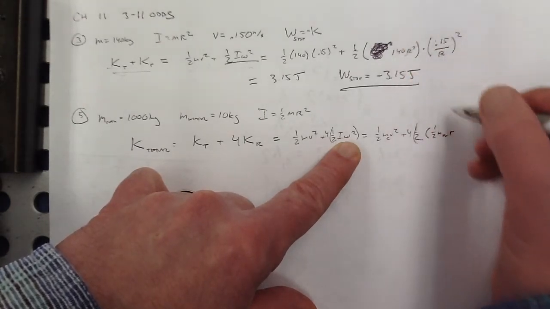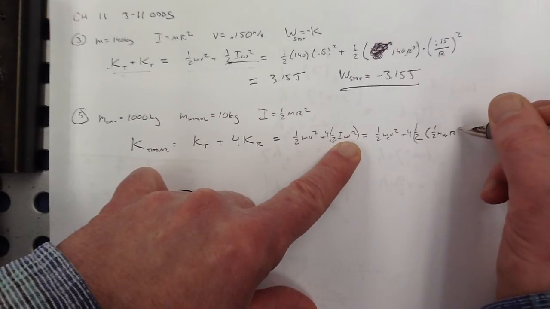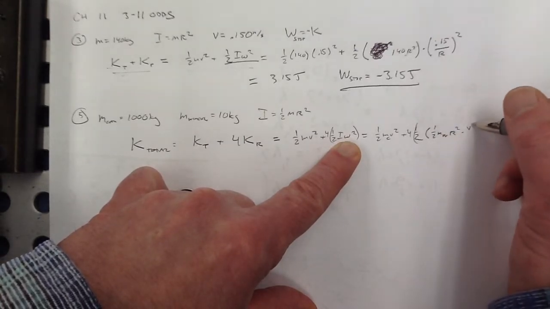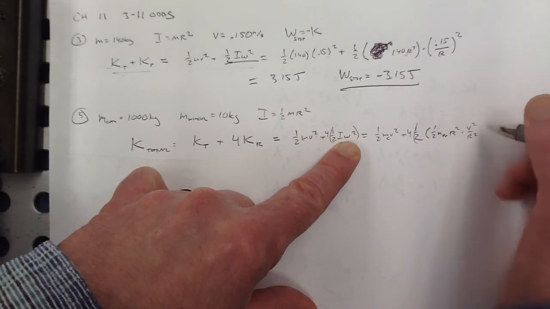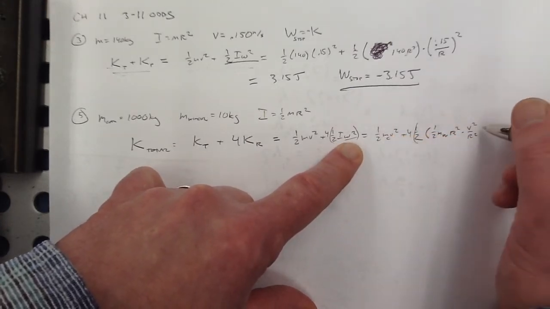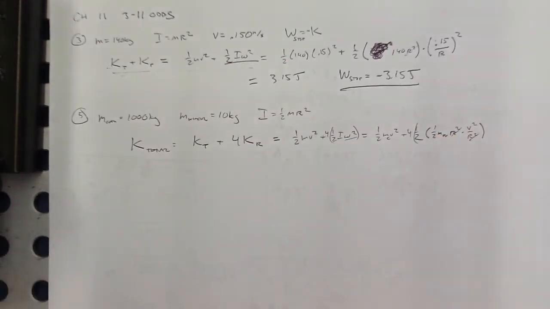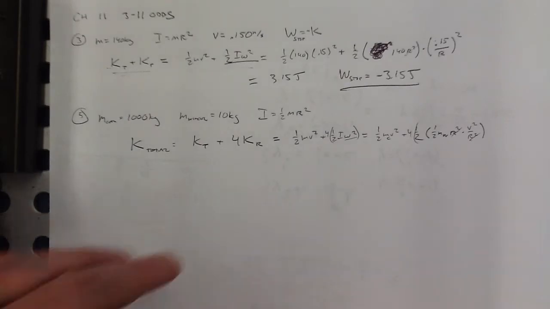I'm kind of doing the same messy thing I was doing there. So that's 1/2 m r squared, that's the rotational inertia, times v squared over r squared, which is the same as omega squared. So there's the answer to why you do not need to know the radius, because it cancels out.